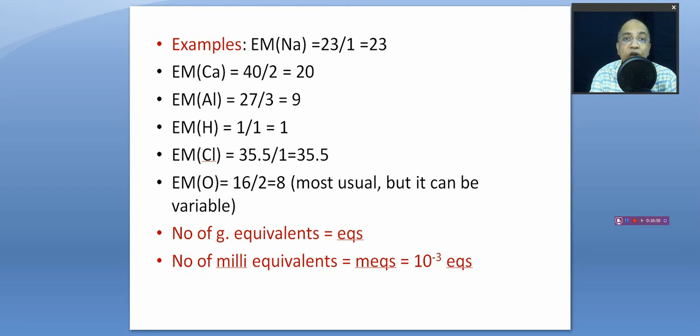So milliequivalents is nothing but 10 to the power minus 3. Milli means 10 to the power minus 3, or divided by 1000, equivalents. As one equivalent is equal to 1000 milliequivalents, the contrary is if one equivalent is equal to 10 to the power 3 milliequivalents, just like 1 gram is equal to 10 to the power 3 milligrams.